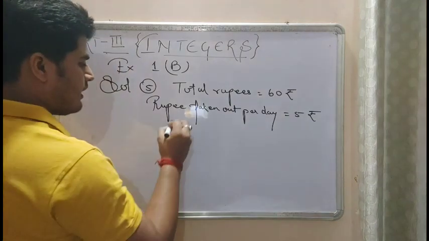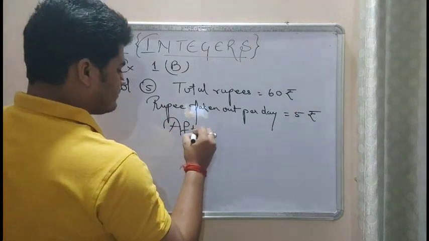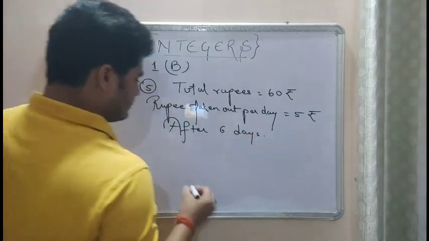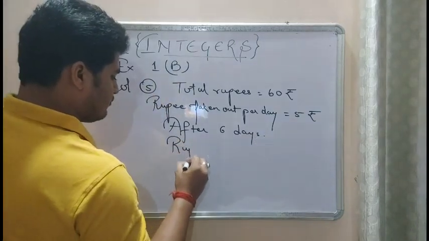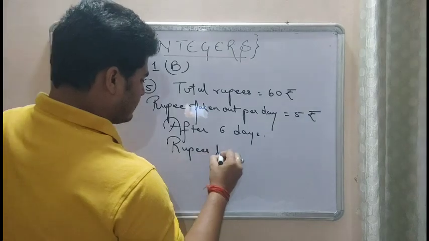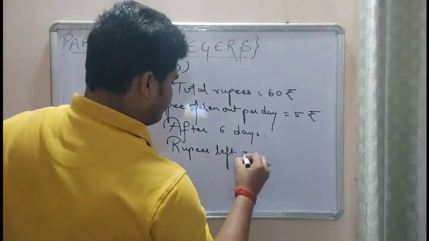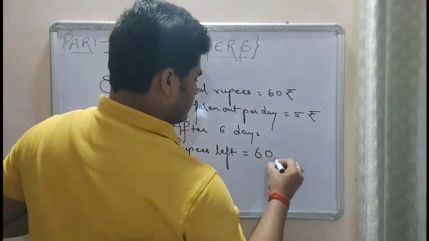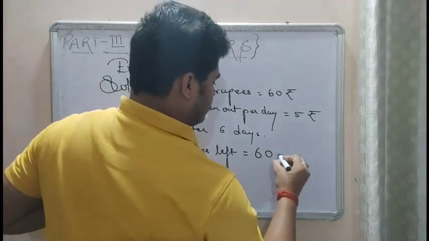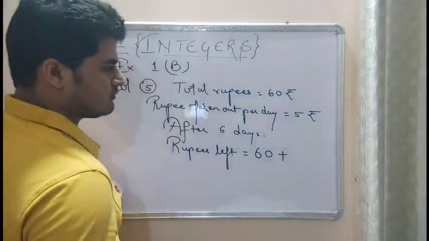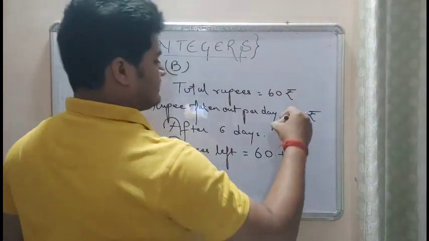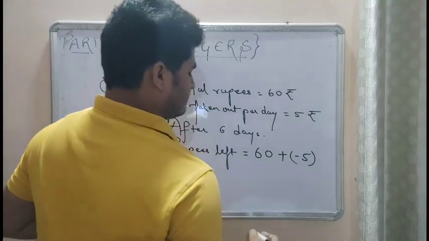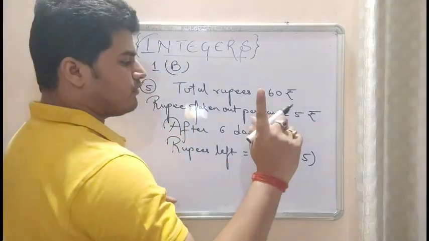So after 6 days, rupees left with her will be calculated how? 60 plus rupees taken out can be taken negative, so minus 5, and minus 5 is taken one day.